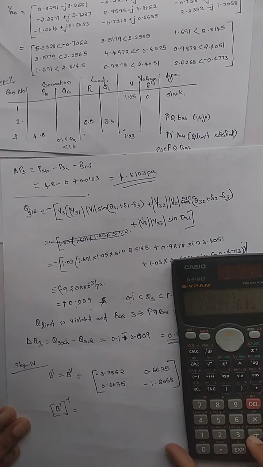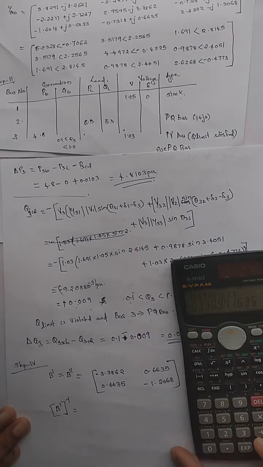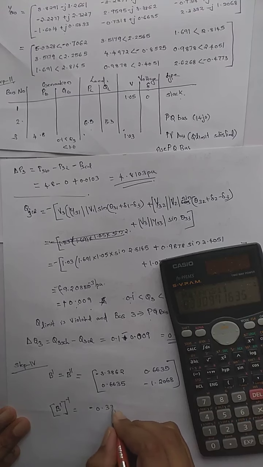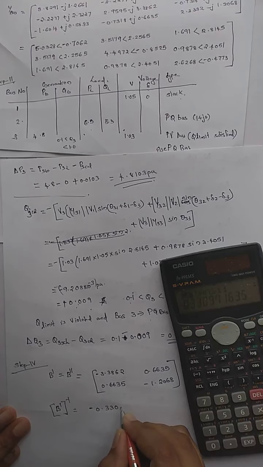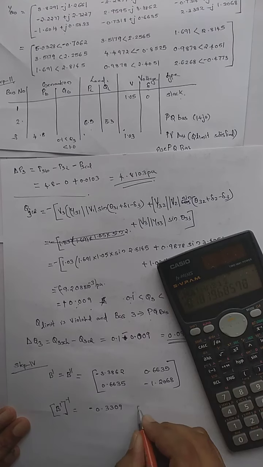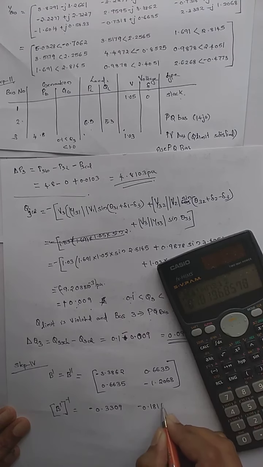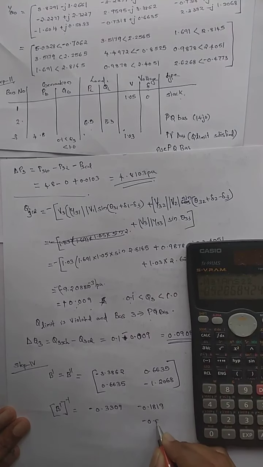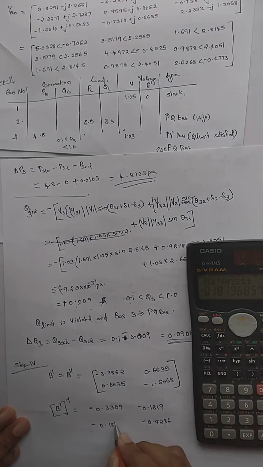So my matrix inverse will be equal to minus 0.3309, minus 0.1819, minus 0.9286 and minus 0.1819.